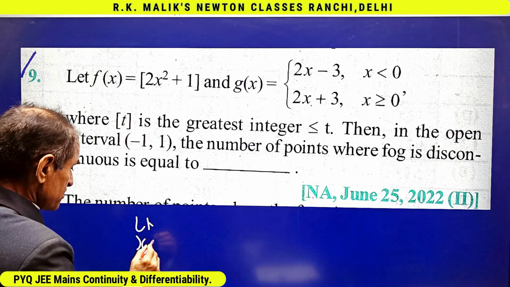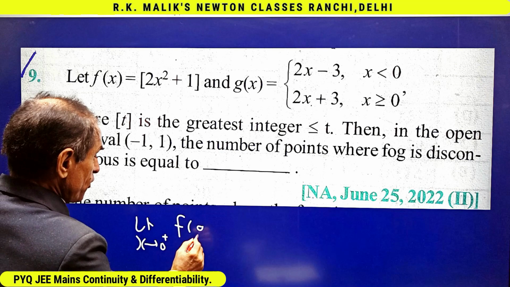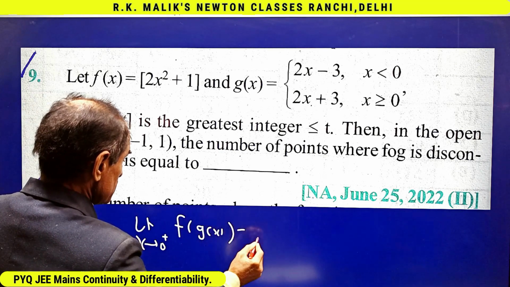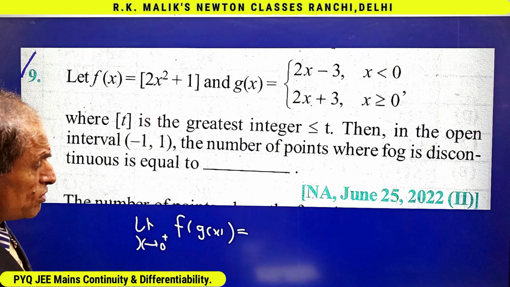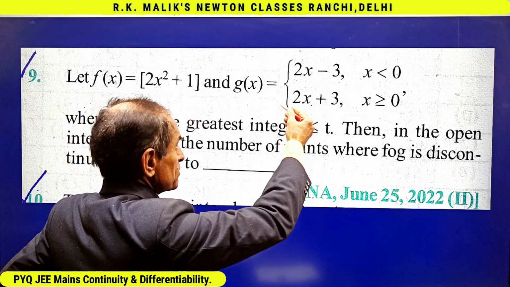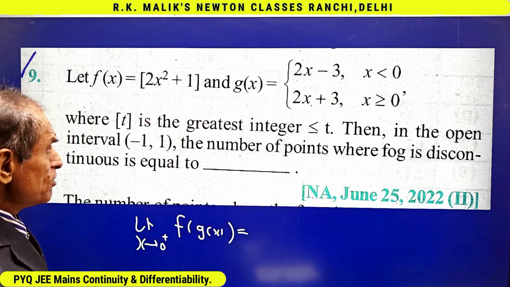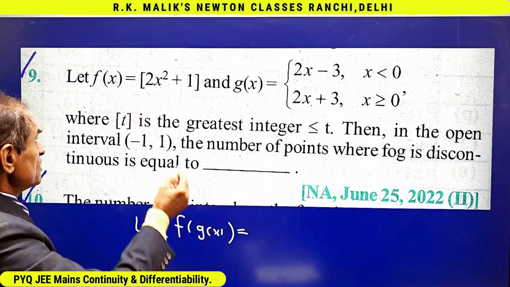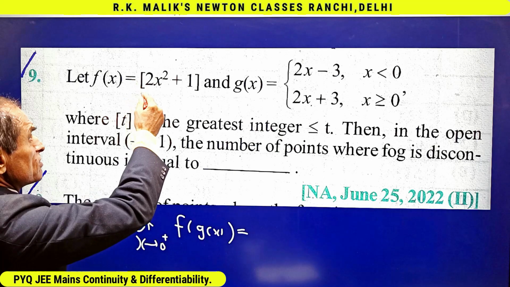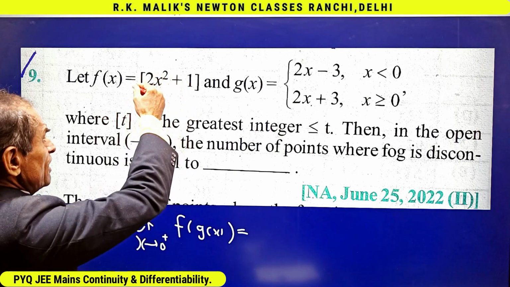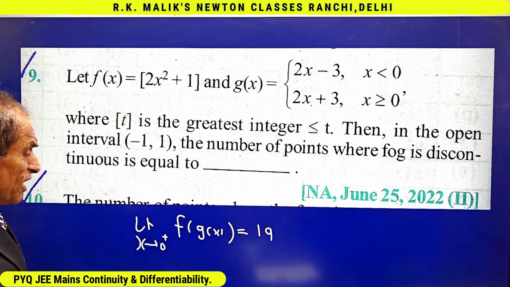The limit as x tends to 0 from the right of f(g(x)): when x is slightly more than 0, keeping this in mind, we can say the value of g(x) will be slightly more than 3. Hence the interior part is slightly more than 19, and the answer will be 19.